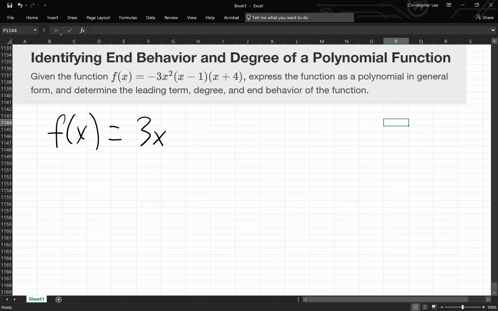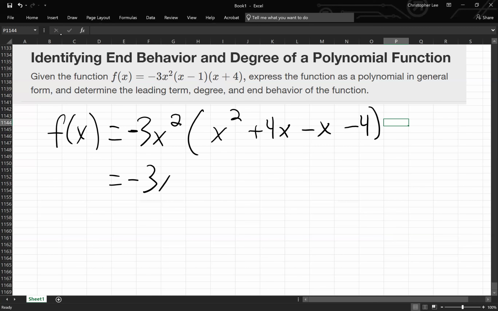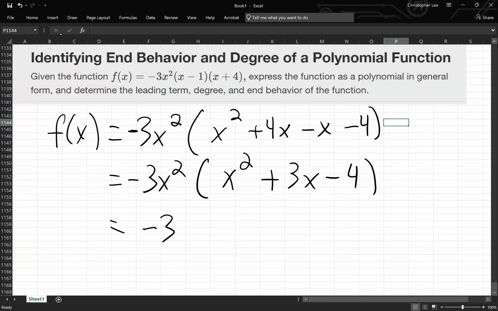So negative 3x squared times x squared plus 4x minus x minus 4, which is negative 3x squared times x squared plus 3x minus 4. Distribute this in. What do I have? Negative 3x to the fourth minus 9x cubed plus 12x squared, right? Not too bad.